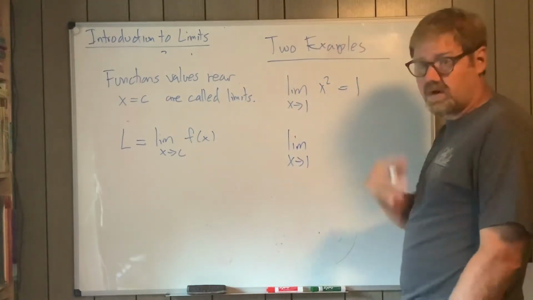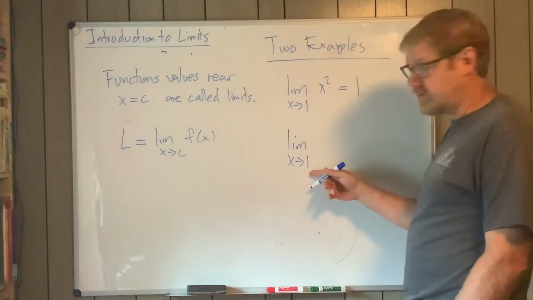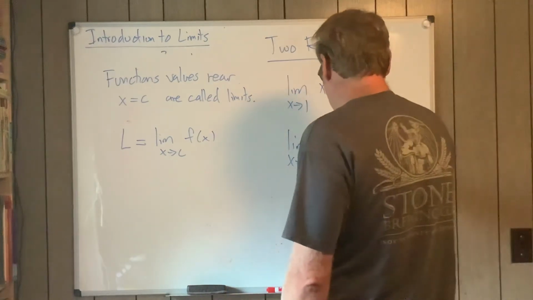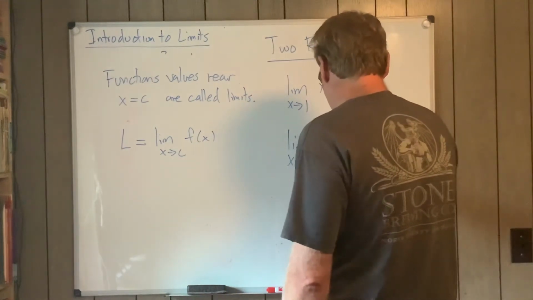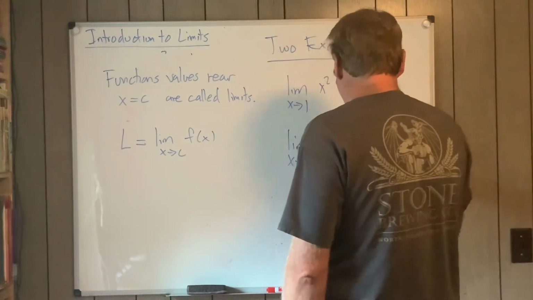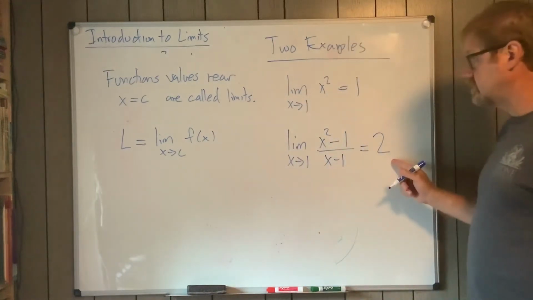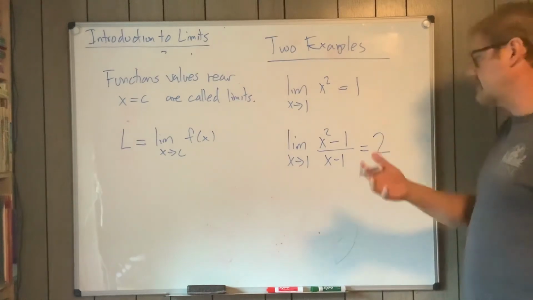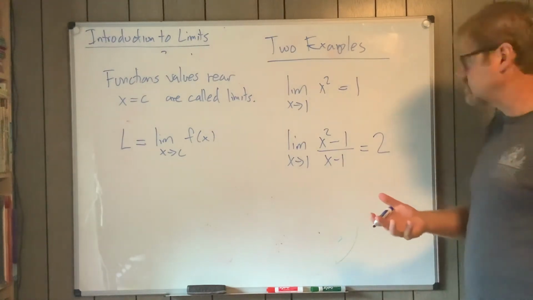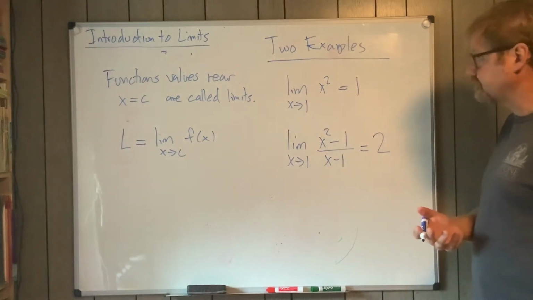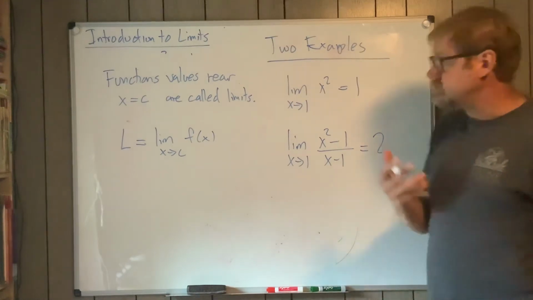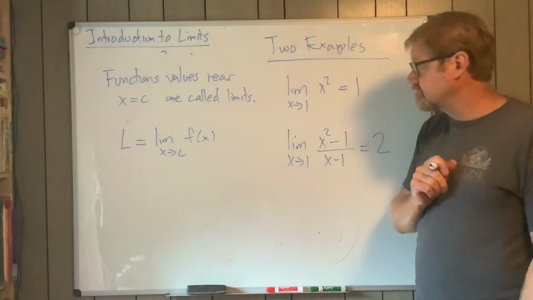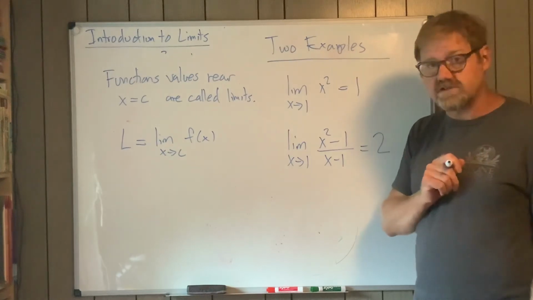This doesn't have to be 1. I've just chosen two functions where I wanted to know what happened. And this limit is 2. So these two numbers are the function values or the y values, and they're the limits. Okay, so this is just a really quick little introduction to it.